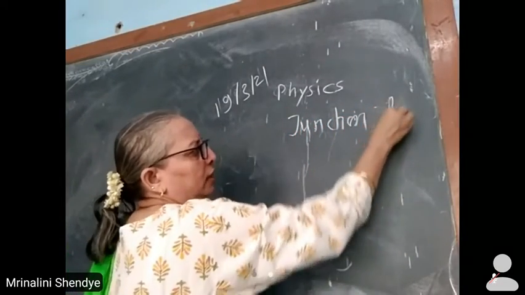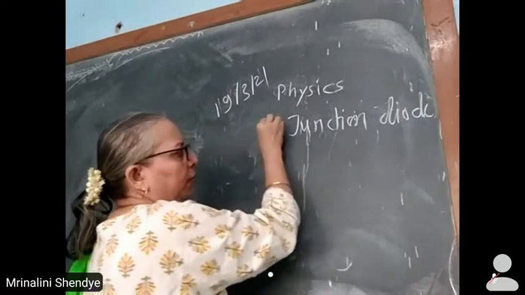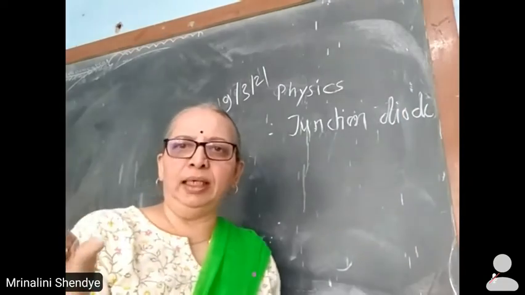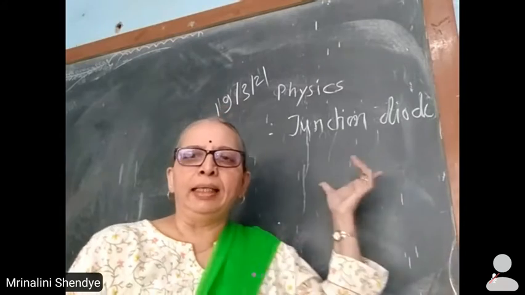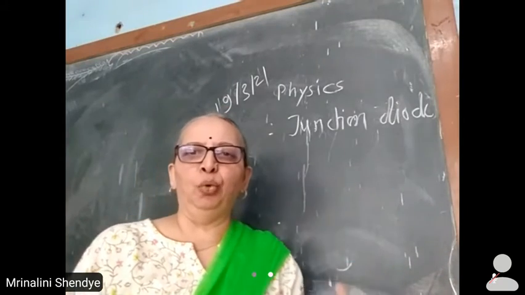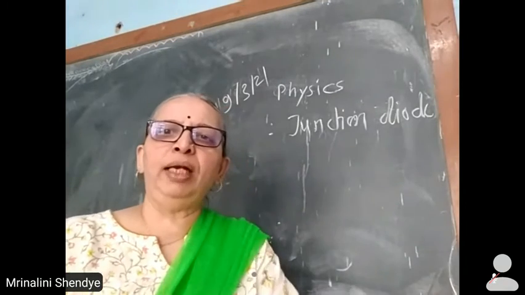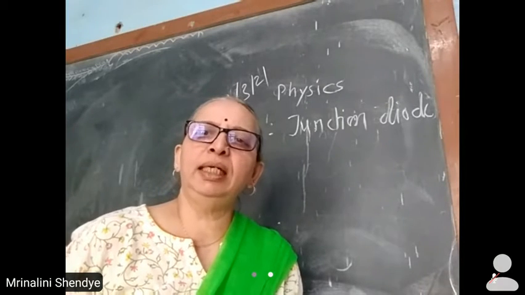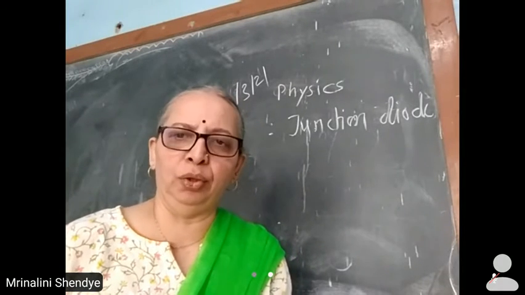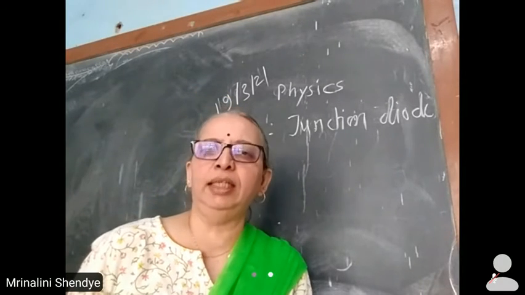So the junction diode is nothing but PN junction having metallic connectors, so that PN junction can be used in electronic external circuits. So this is all about junction diode. So we studied yesterday its theory part.